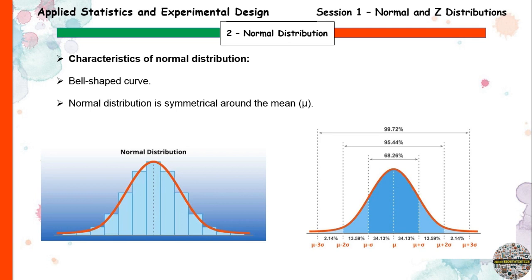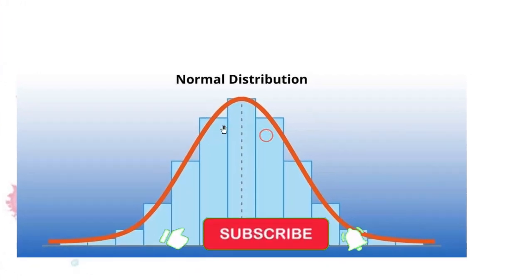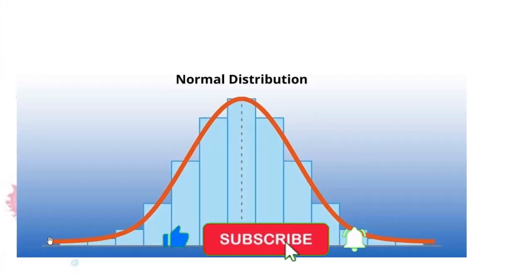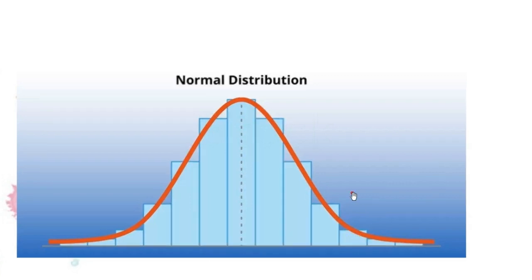So what are the characteristics of normal distribution? The first one, and one of the most important ones, is a bell-shaped curve. As you see here, the shape of normal distribution is like a bell.